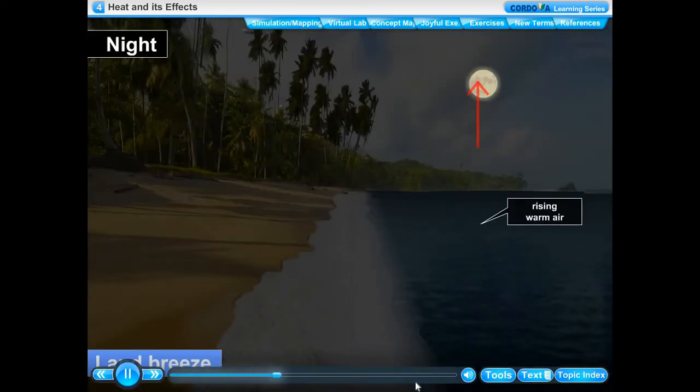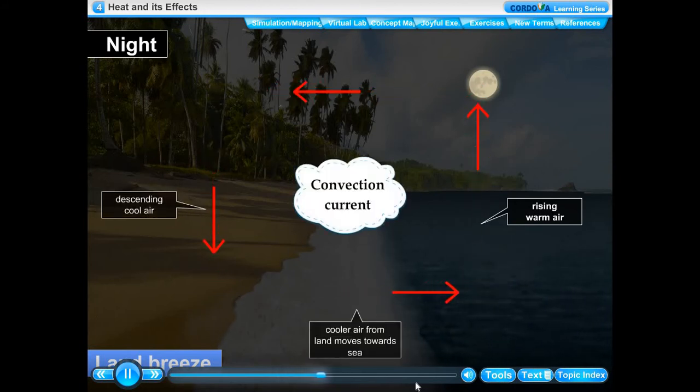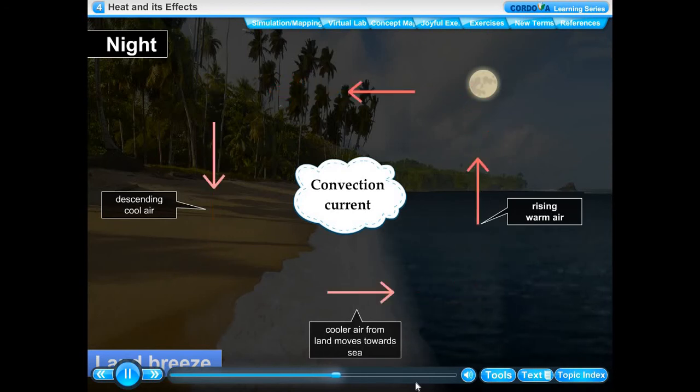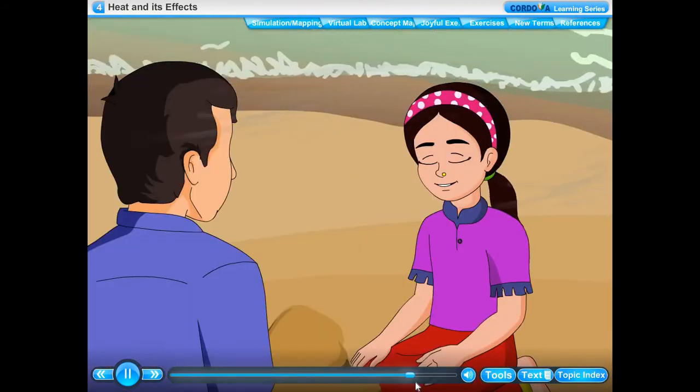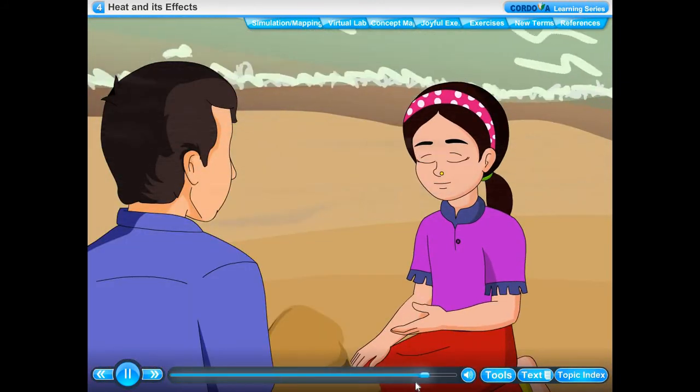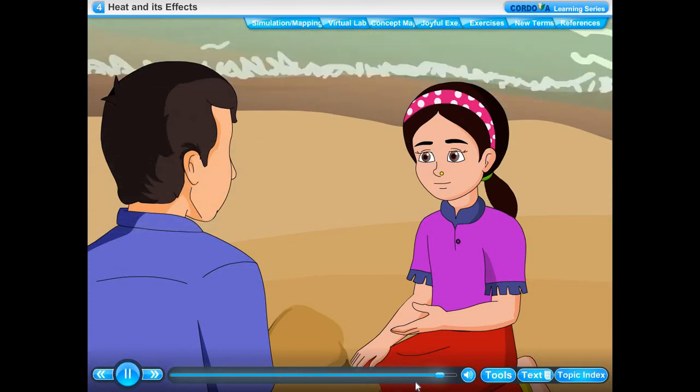Thus, the air above the sea, being warmer, rises up and the cooler air from above the land surface blows towards the sea to take its place. The cool air from the land moves towards the sea. This is called the land breeze. So, that is how the beaches are blessed with such wonderful breeze.